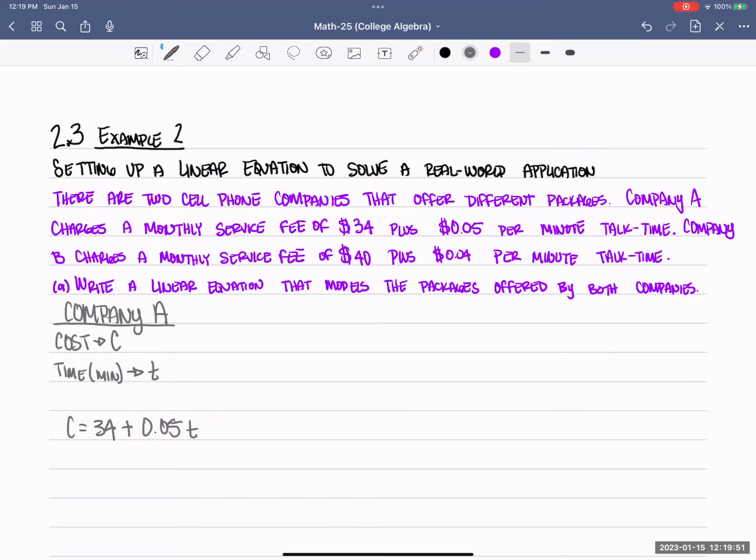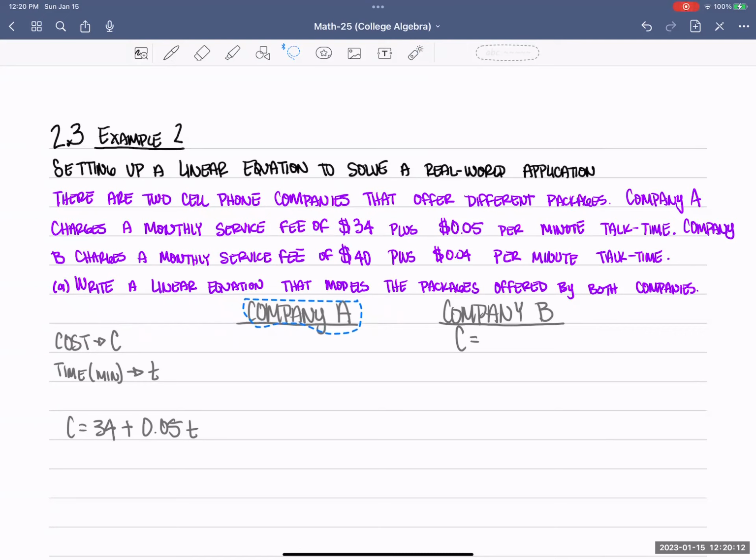And we could do the same thing for company B. So we're starting off, the cost is equal to, so you could kind of move this over, organize it a little bit better.